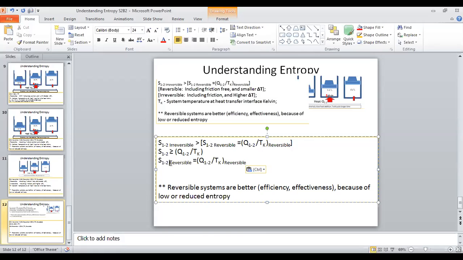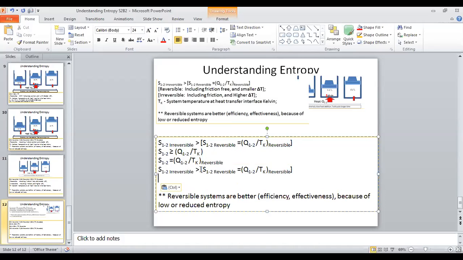But when Q12 by Tk is irreversible, S12 is greater than.